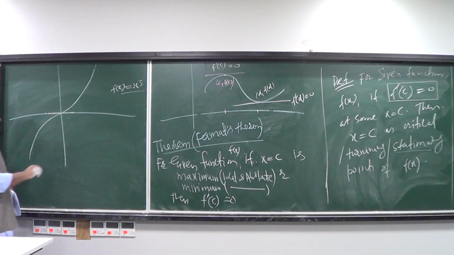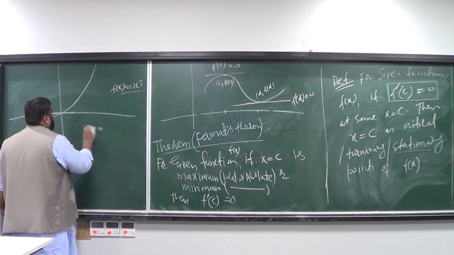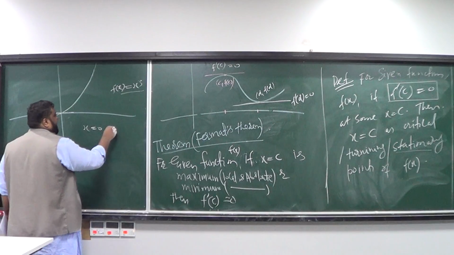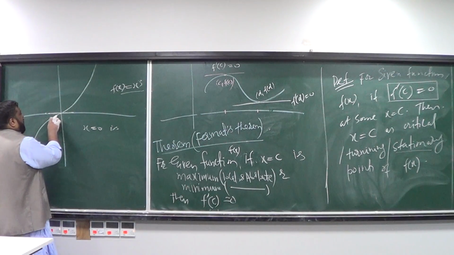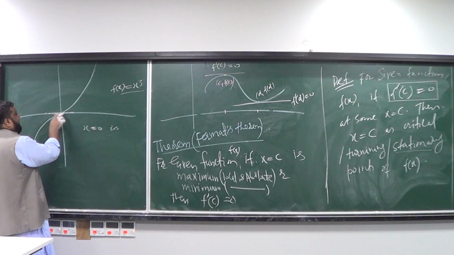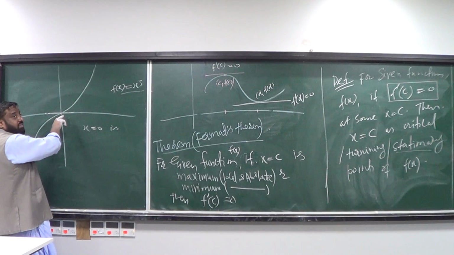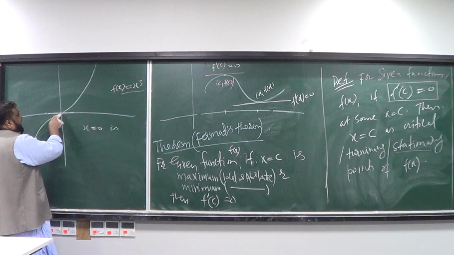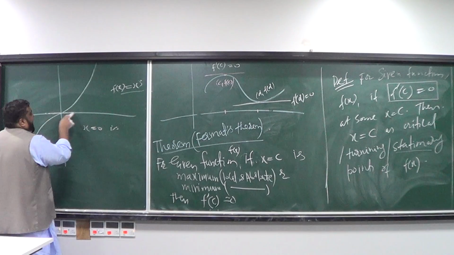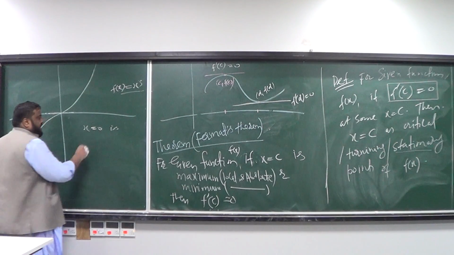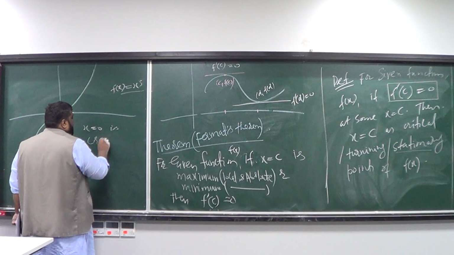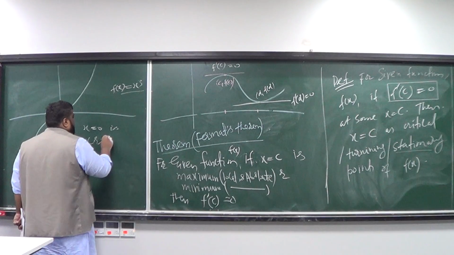So I'm going to say that x equal to 0 is a critical point. If you try to draw a tangent line, the tangent line would look like this, and this tangent line has slope 0. So x equal to 0 is a critical point.